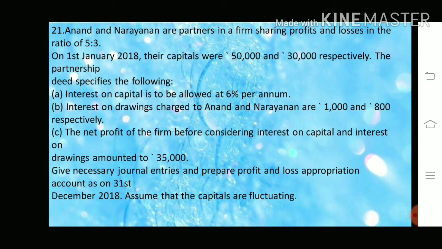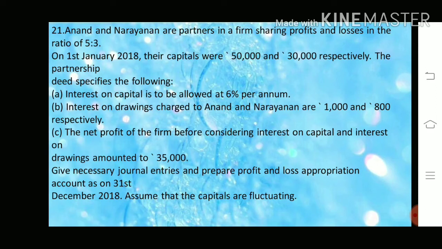So for Anand 1,000, for Narayanan 800 interest on drawings is given. The net profit of the firm before considering interest on capital and interest on drawings amounted to 35,000. So give necessary journal entries and prepare profit and loss appropriation account as on 31st December 2018. Assume that the capitals are fluctuating.